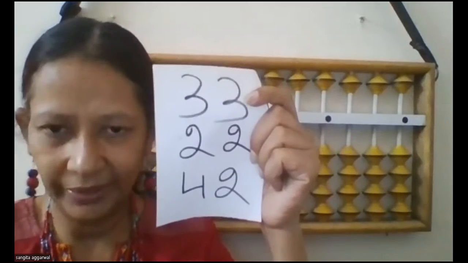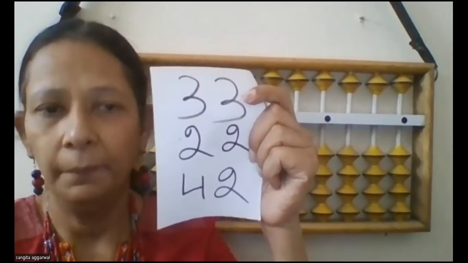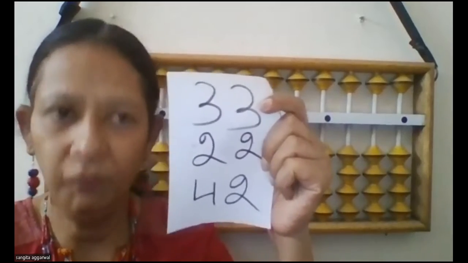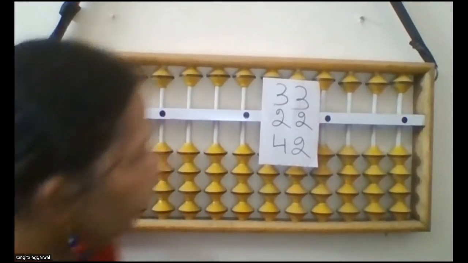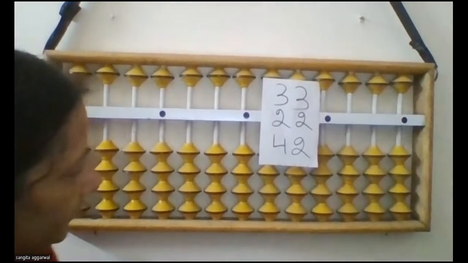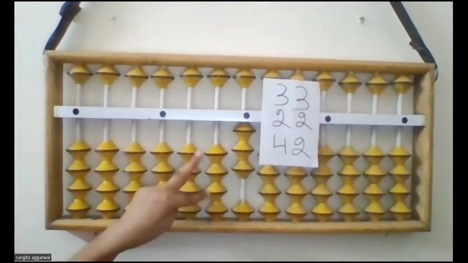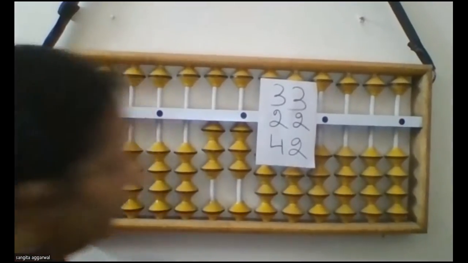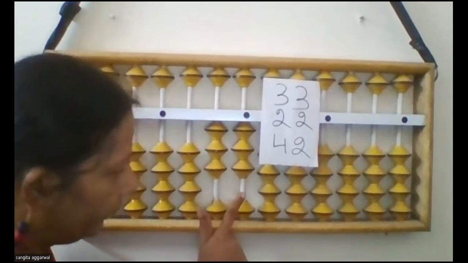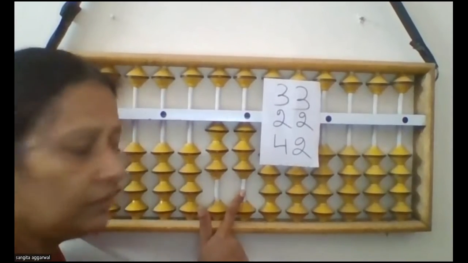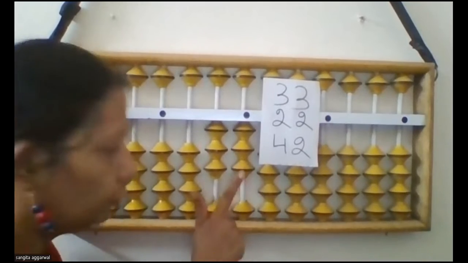Now you look at this question. I'm going to solve this question for you with the help of the add-2 formula. In the question, you can see 33. So this is 3 on the 1st rod and 30 on the 10th rod. Now add 22. Again, you look here on the 1st rod, you have to do add 2.